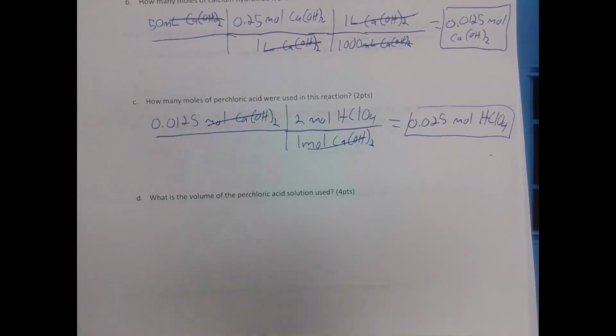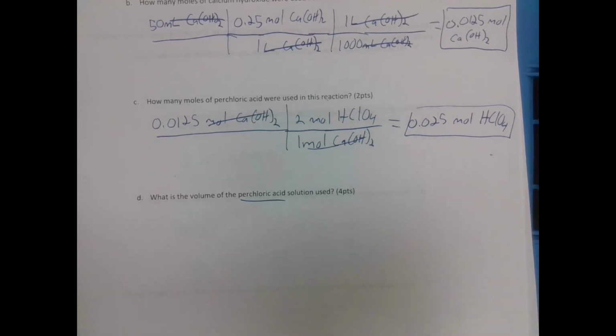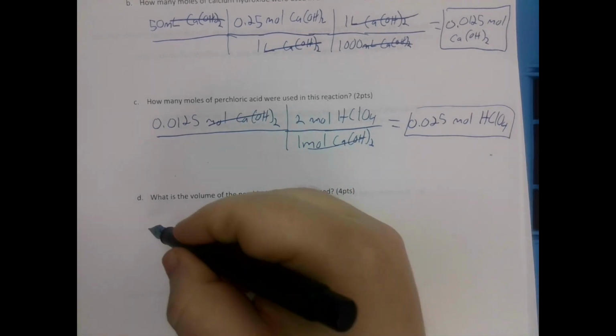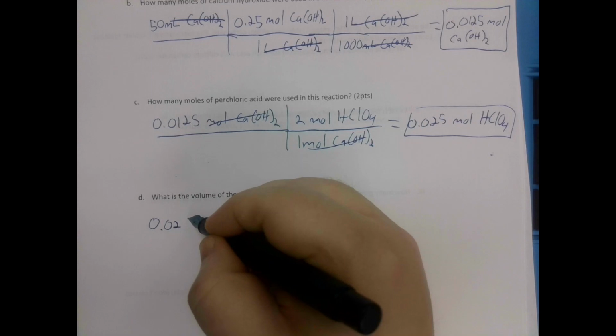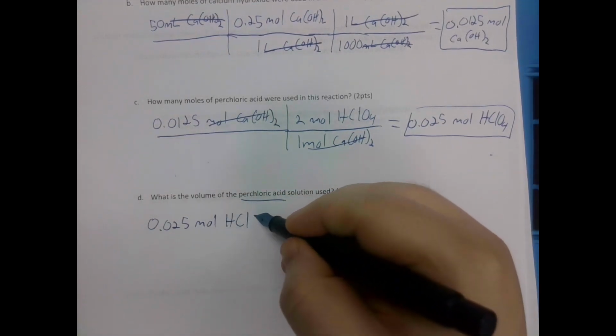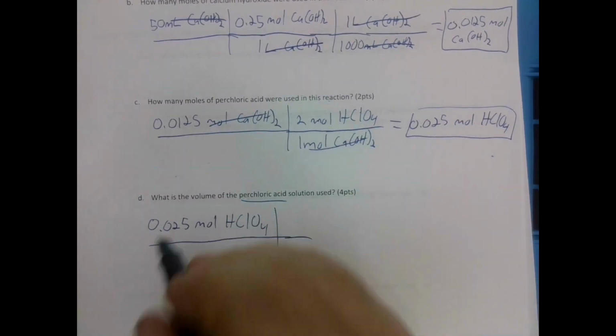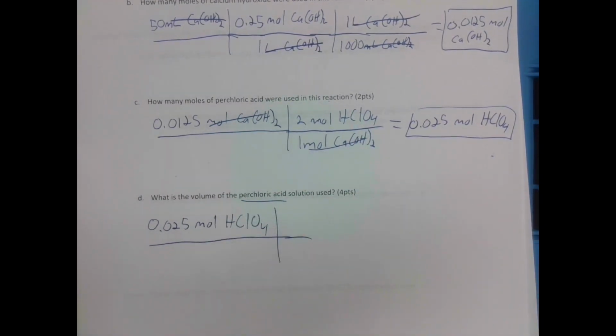Again, what is the volume? Let's start with what we know. We're only wanting to know the volume, so let's start with moles. Given the amount of moles, we need a conversion factor that will give us volume. What conversion factor do we know?